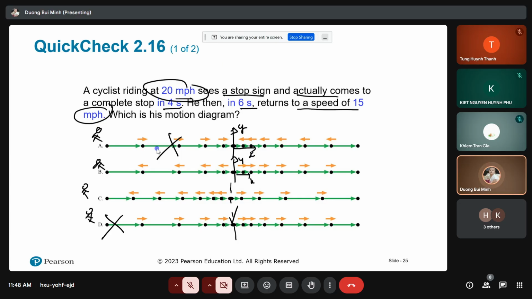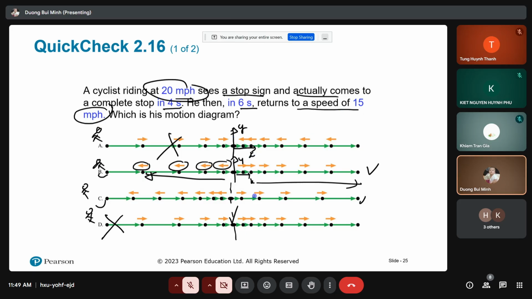Now look, the acceleration magnitude will be the same. So B and C are okay. Now we consider this one and this one. When he stops, he returns to a speed of 15 miles per hour.